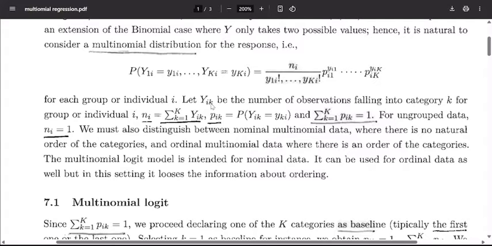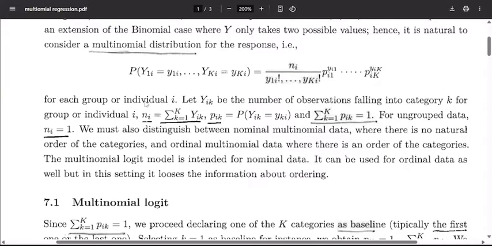Don't forget, i is an individual. When I say Y_ik, I mean individual i falling into category k. Does that make sense? That's exactly what I mean. Of course, we are interested in figuring out the number of such individuals.